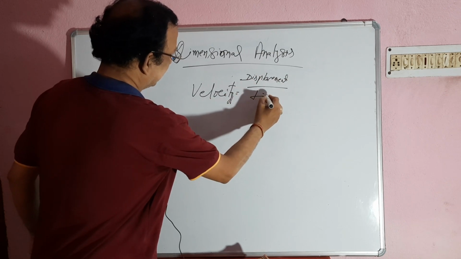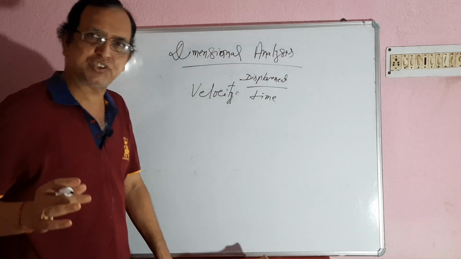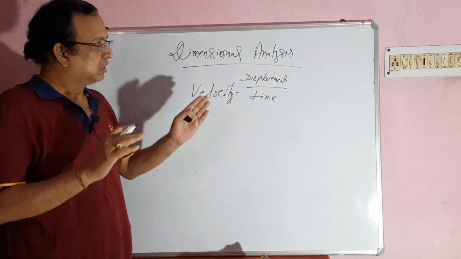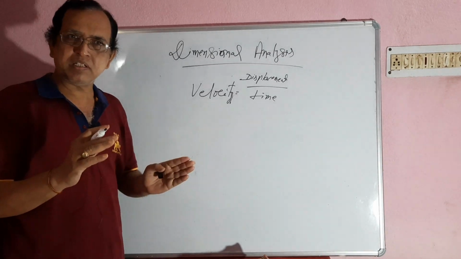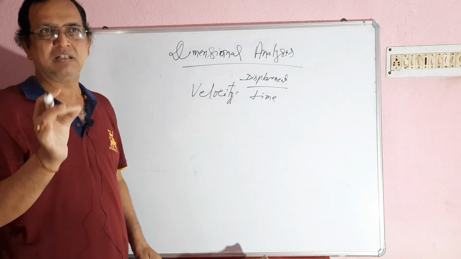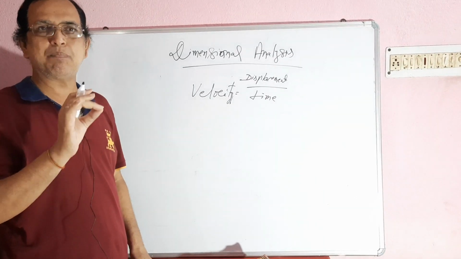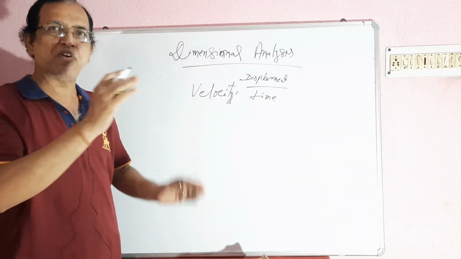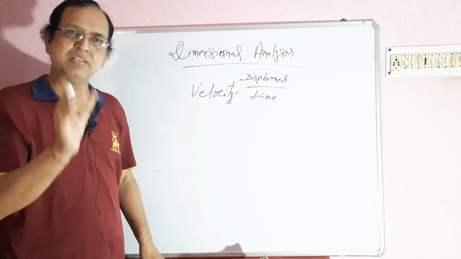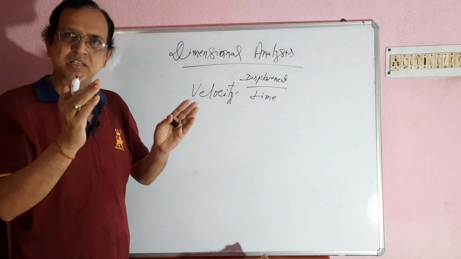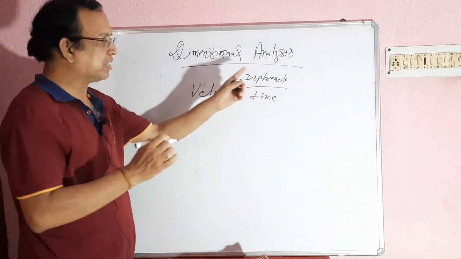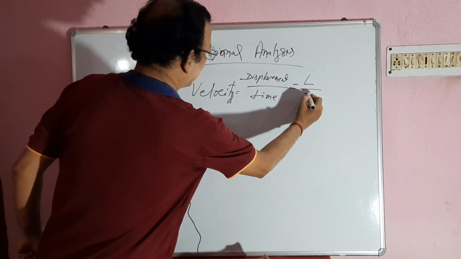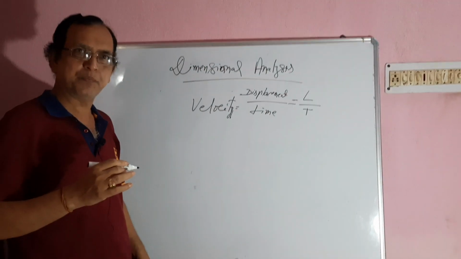What is displacement? It is the shortest distance between the initial and final position of a body. That is also a distance, meaning a length. So for displacement you use length L. For time, that is T, so L by T.